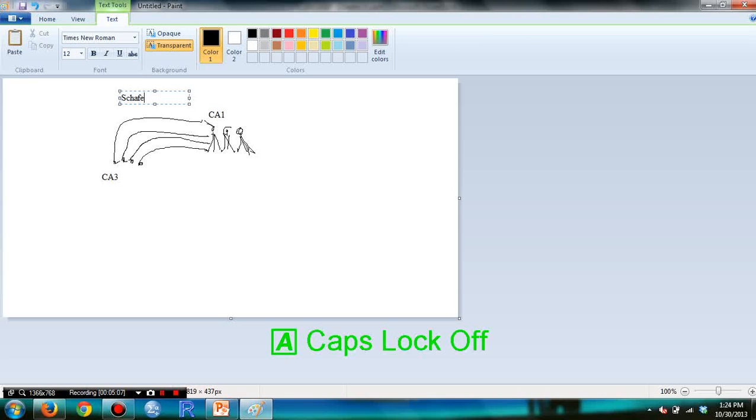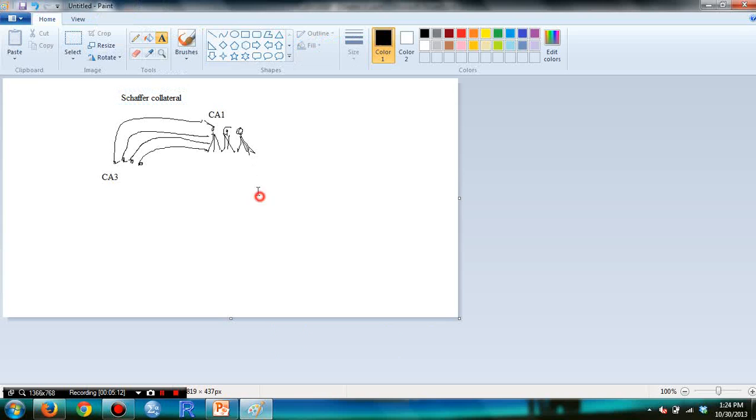Okay, so what they do in the typical LTP experiment is they take a baseline. So they pick one of these neurons, right? Let's pick this one. And we give it a little electrical stimulation, right? And it makes it fire, okay? And so we make the cell fire. This information goes down, neurotransmitter is released, right?